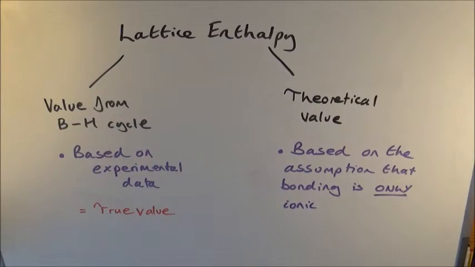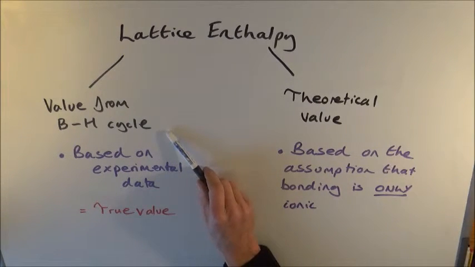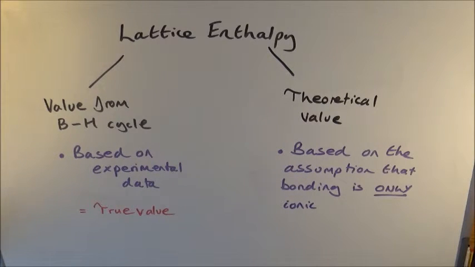Okay, so we've just seen how you can obtain lattice enthalpy values by using a Born Haber cycle, but there is another way to obtain them, and this is based on a calculation. So this is a theoretical value, and it's based on the assumption that the only form of bonding in the compound is ionic bonding.